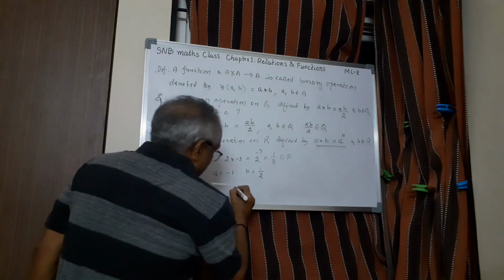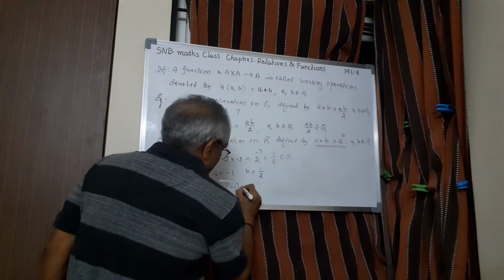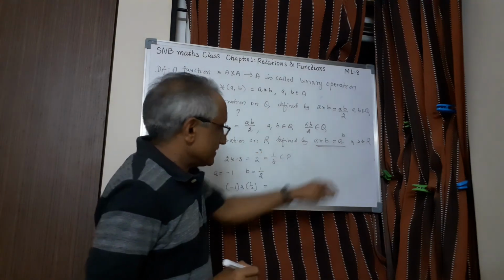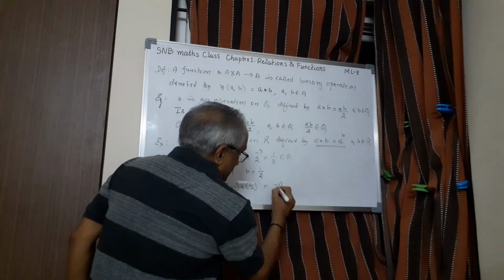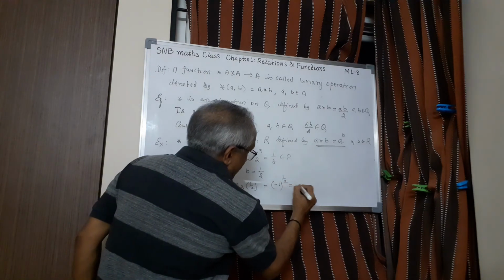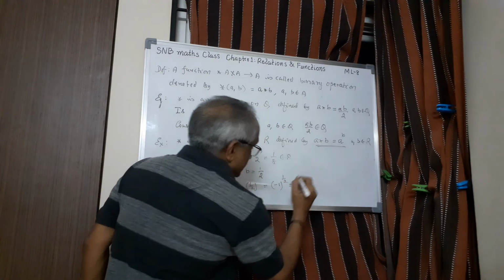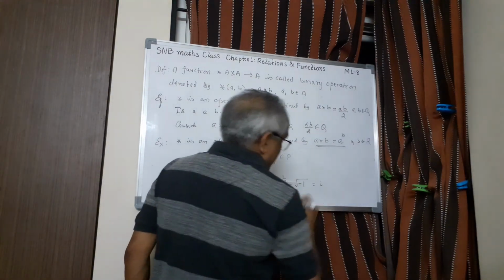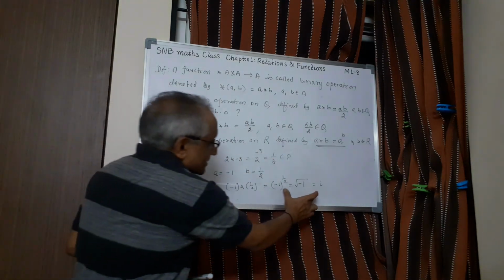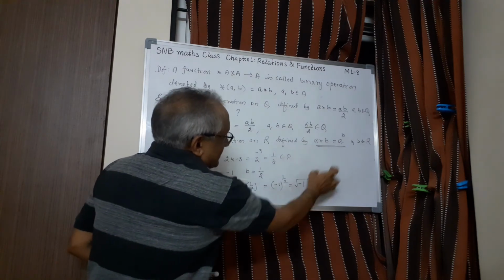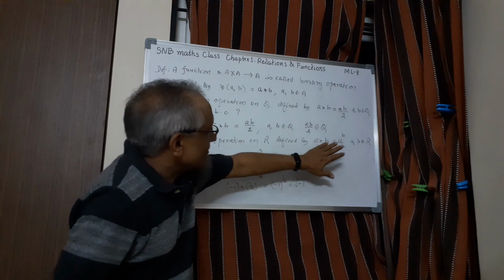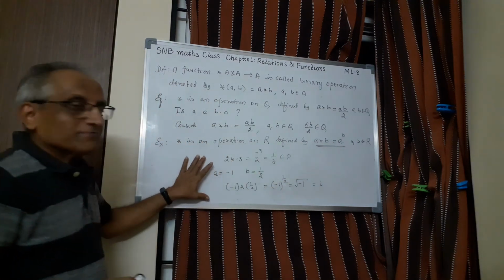So minus 1 star 1 by 2, according to definition, it is minus 1 to the power half. And minus 1 to the power half, last year you have seen, first PUC, this is a complex number. R is actually a subset of complex numbers. Anyway, this does not belong to R, so it is not binary.